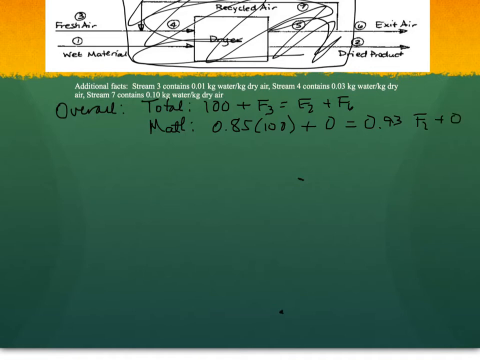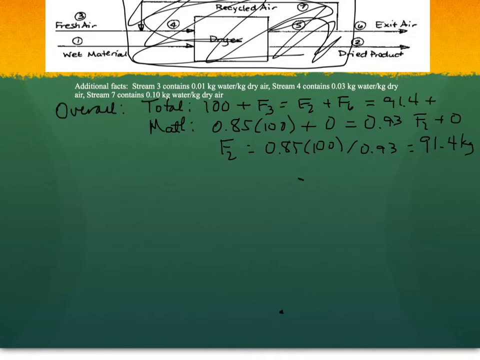So if I did that, I actually have enough to solve for F2. It's going to be 0.85 times 100 divided by 0.93, and I learned that the dried product is going to be 91.4 kilograms.